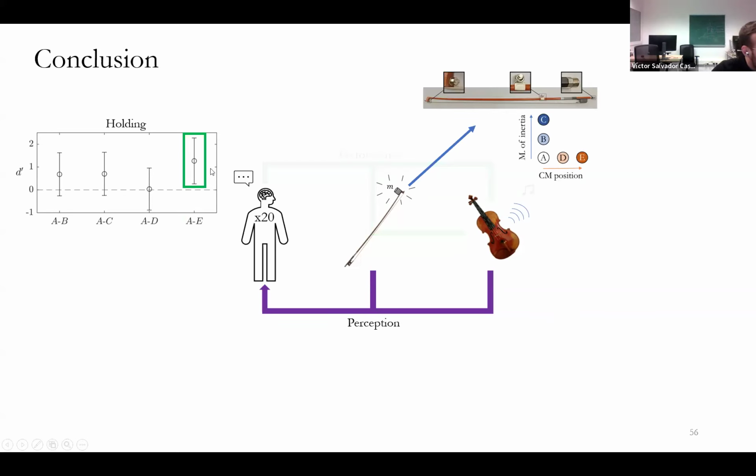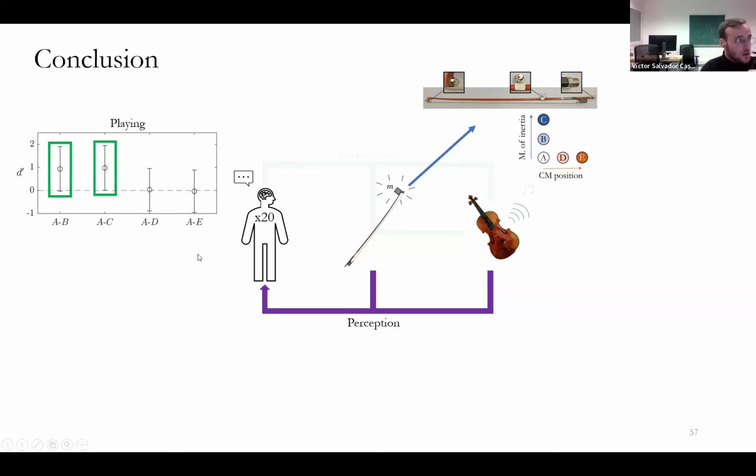And we see that in holding, people detect variations in the center of mass position, but we cannot assure that they are able to detect other variations, such as the variations in the moment of inertia.